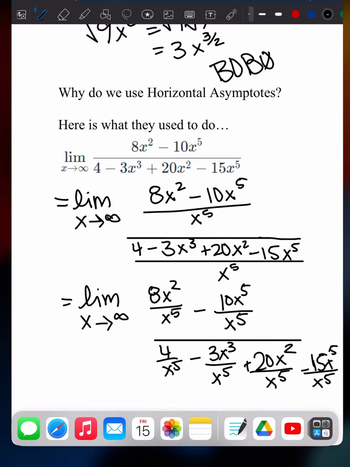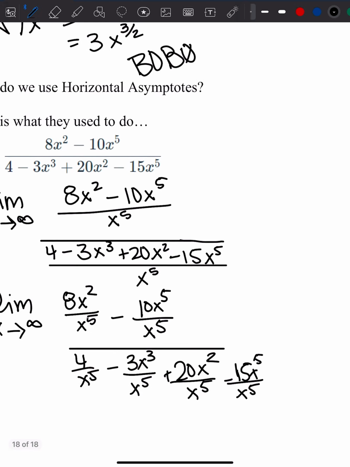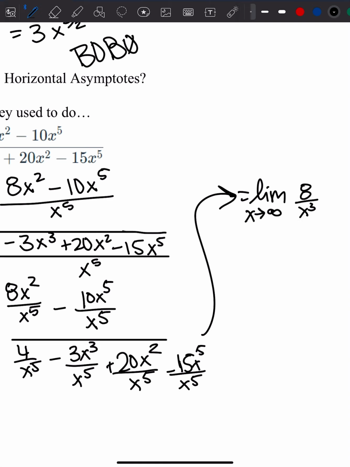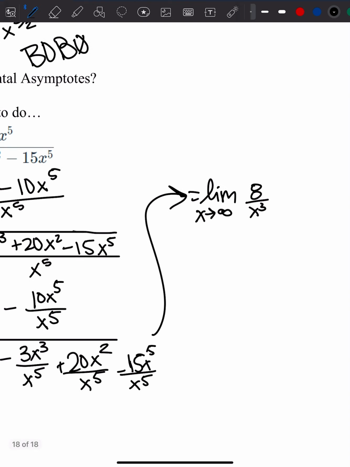Now that we have this, we're going to go ahead and simplify this, taking the limit as x approaches infinity. X squared over x to the 5th means that we're going to have 8 over x cubed. X to the 5th divided by x to the 5th is 1, so that 10 just kind of chills out. 4 over x to the 5th doesn't change at all.